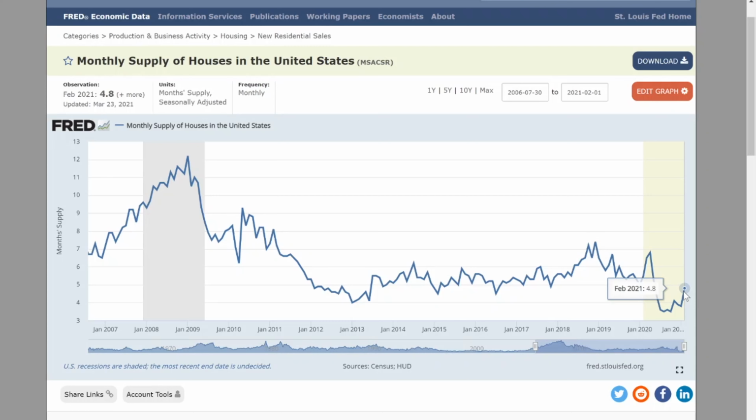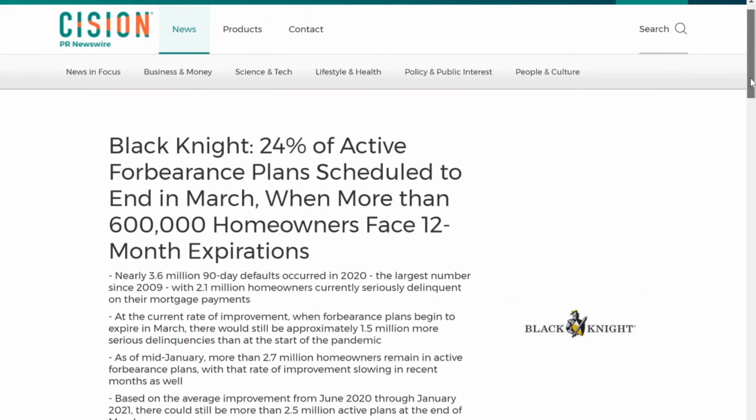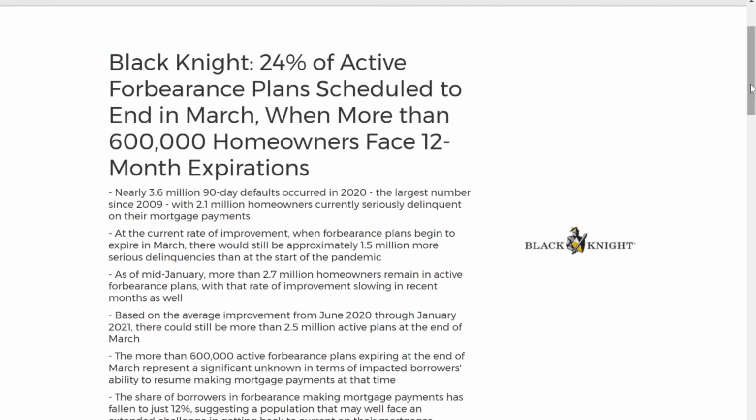But in the US, I will put this data up again. In the US, 11 million tenants and homeowners were significantly overdue as of December 2020. 8.8 million were late on rent and or facing eviction.